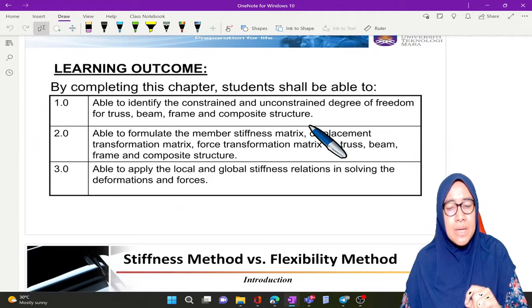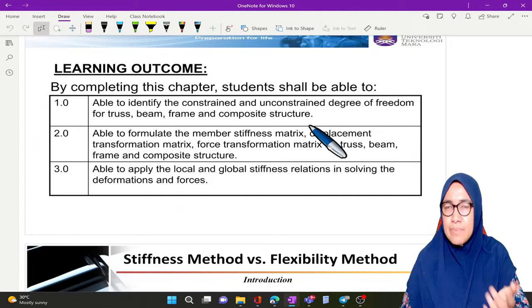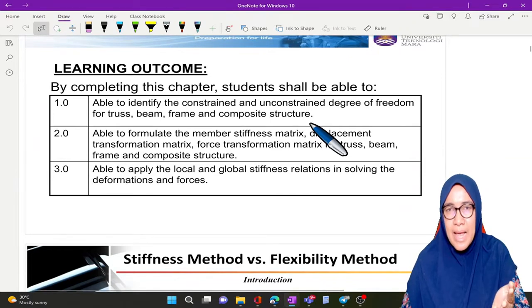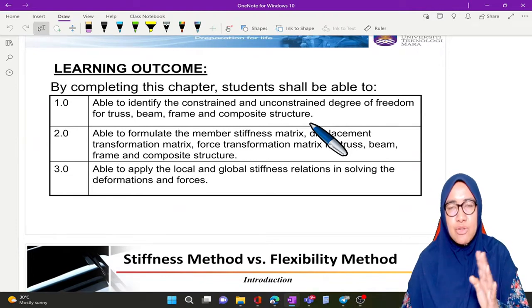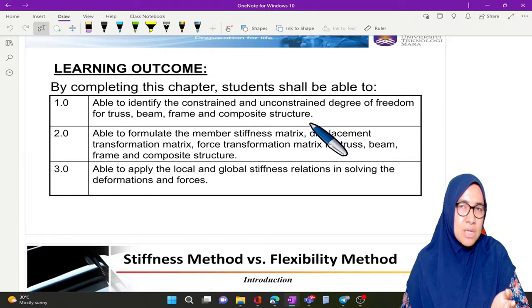The stiffness method is another method that we can use to analyze structures, and the best thing about it is we can use it to analyze both determinate and indeterminate structures.